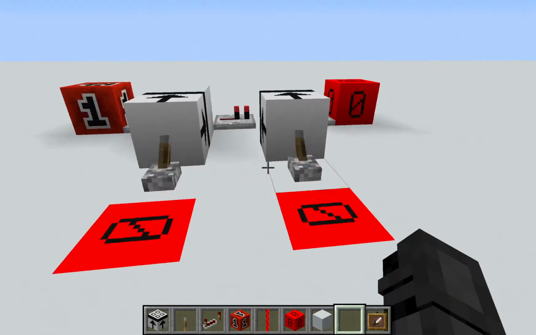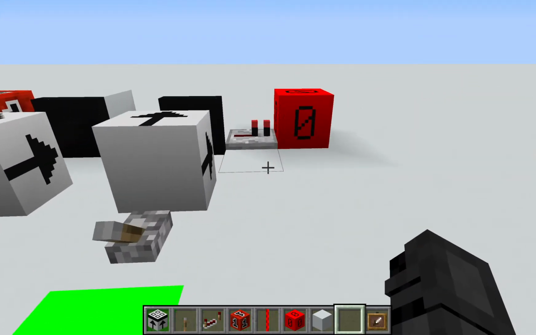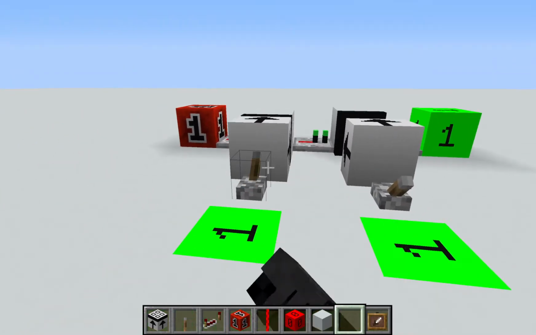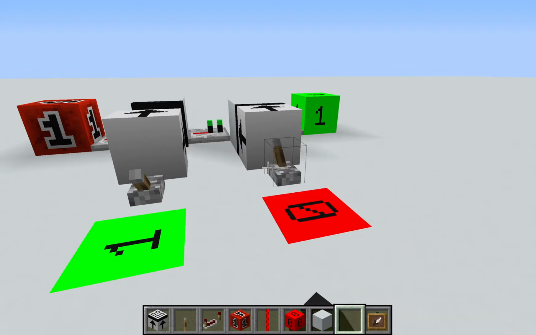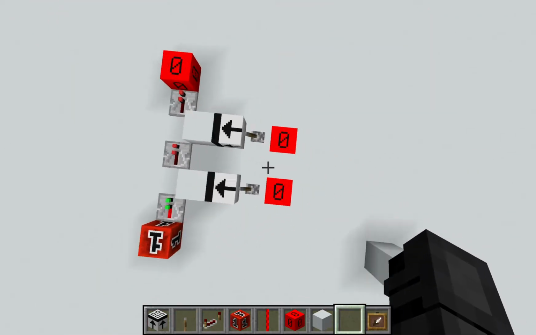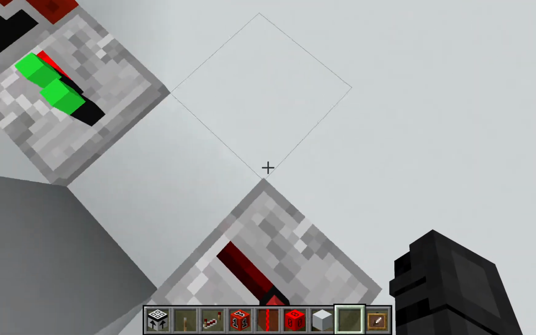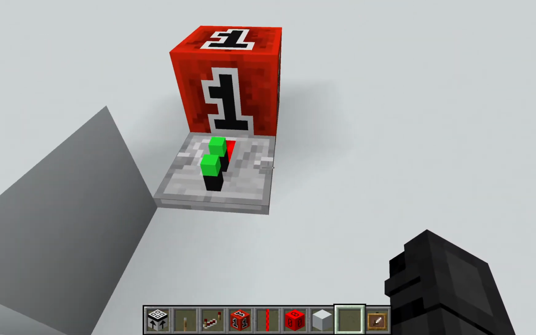Not on. Still not on. They both need to be on. Oh, I forgot the one. They both need to be on for that to be on. See? See? This was the first ever AND gate. But what if you did this?